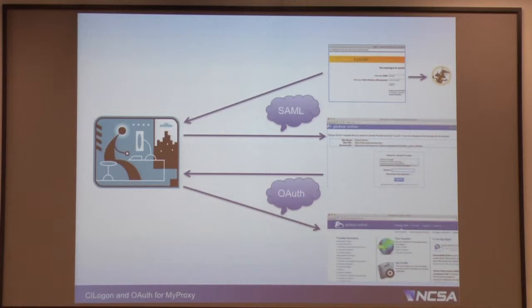And then CILogon will issue an OAuth token to Globus Online, completing the OAuth protocol that was kicked off earlier. And that OAuth token allows Globus Online to get a certificate from the CILogon Certification Authority, which is actually an installation of MyProxy, that has that name and email address that came from the University of Illinois identity provider.